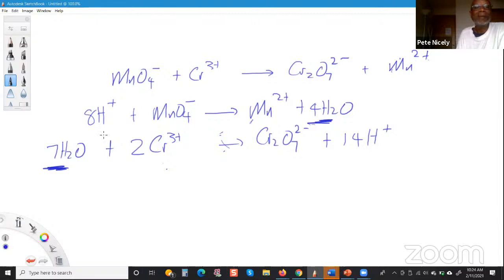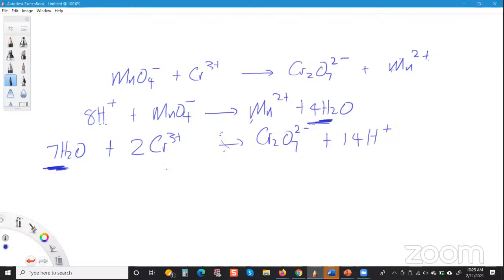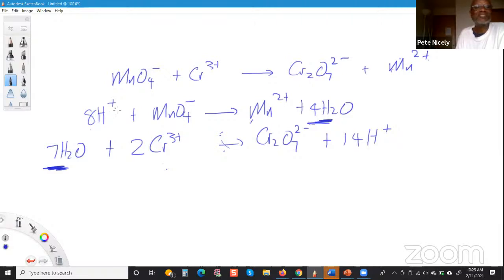So how do we balance the charges for the first half equation here? How many charges do we have total on the left side? Nope. We have 8 plus charges here, and then we have a -1 charge here on the left side.